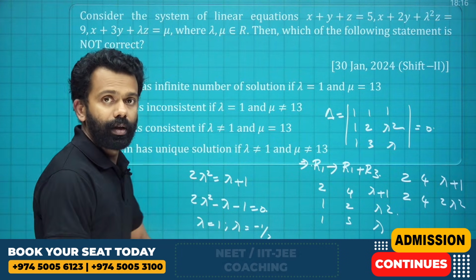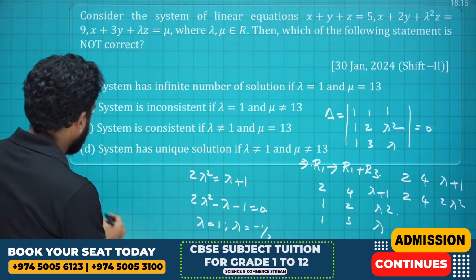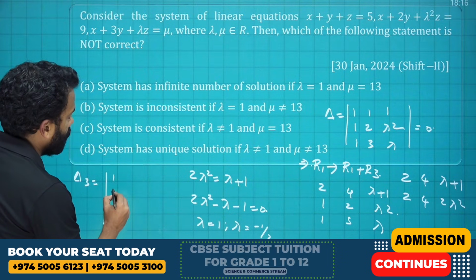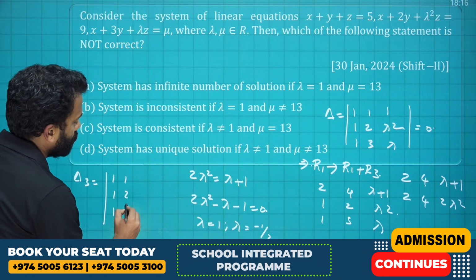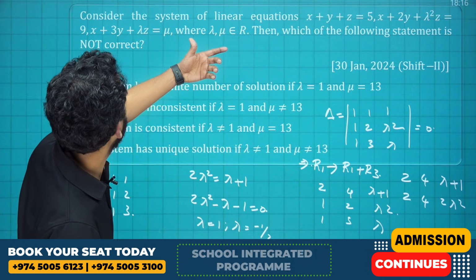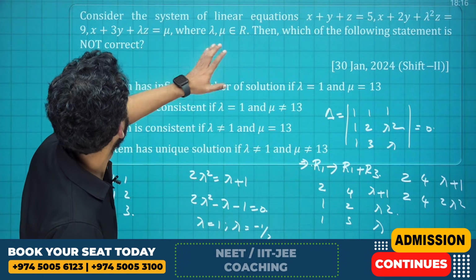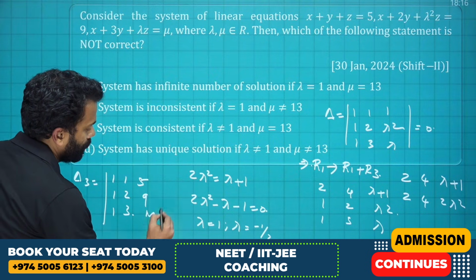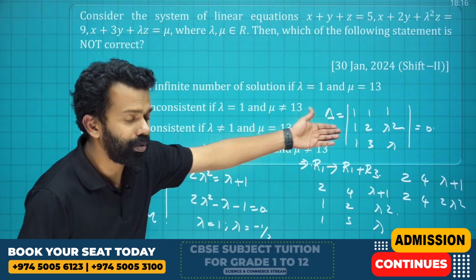Then we can take delta 3. So what is delta 3? Delta 3 has rows 1, 1, 1; 1, 2, 3; and the corresponding constants 5, 9 and mu. You can use the same property which we have used here.